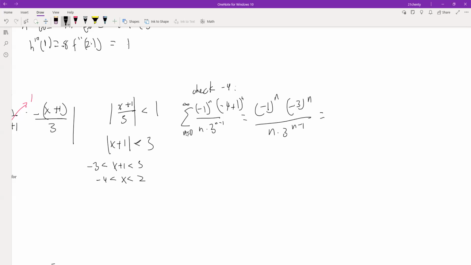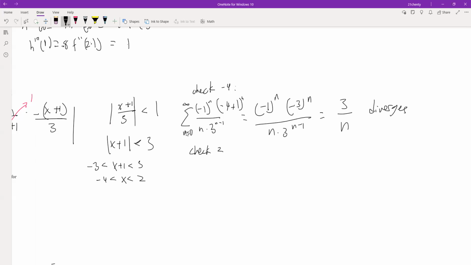And then 3 to the n cancels out with 3 to the n minus 1. So there's going to be a 3 on top divided by n. And this series is just a p-series with p equals 1, so it diverges. So negative 4 is not in the interval of convergence.